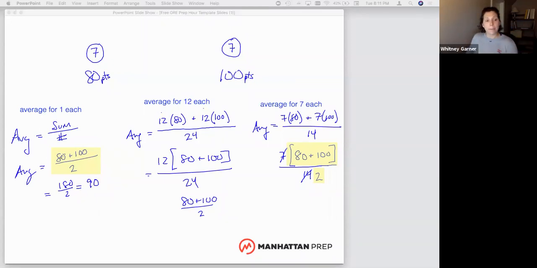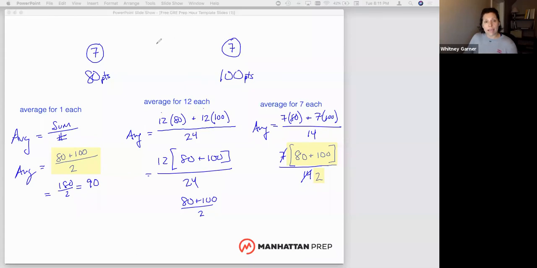So in a simple average of 2 numbers, you've got a ratio of 1 to 1. I've got one person getting an 80 and one person getting 100. Whereas in these higher versions of it, you still get a 1-to-1 ratio. It was 12 people getting an 80 and 12 people getting a 100, or 7 people getting an 80 and 7 people getting 100.